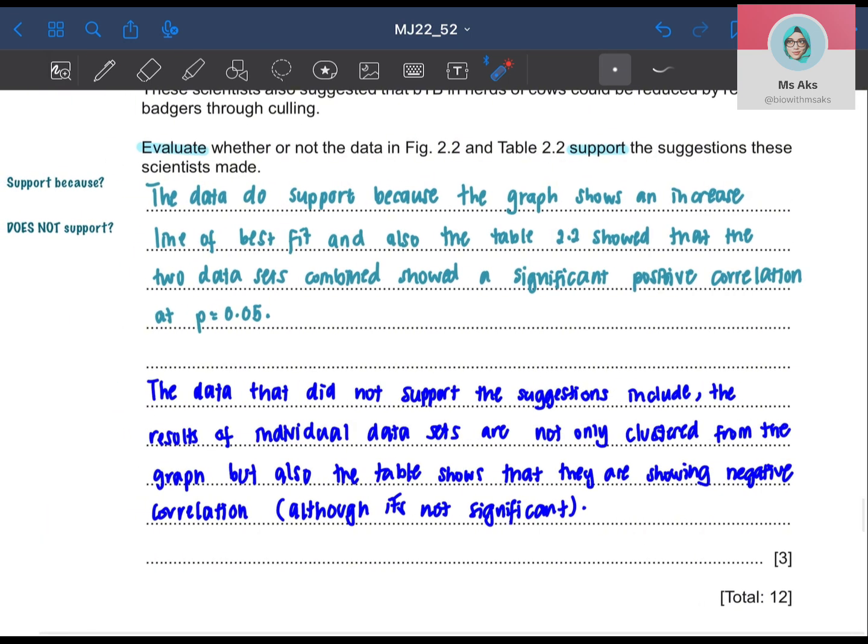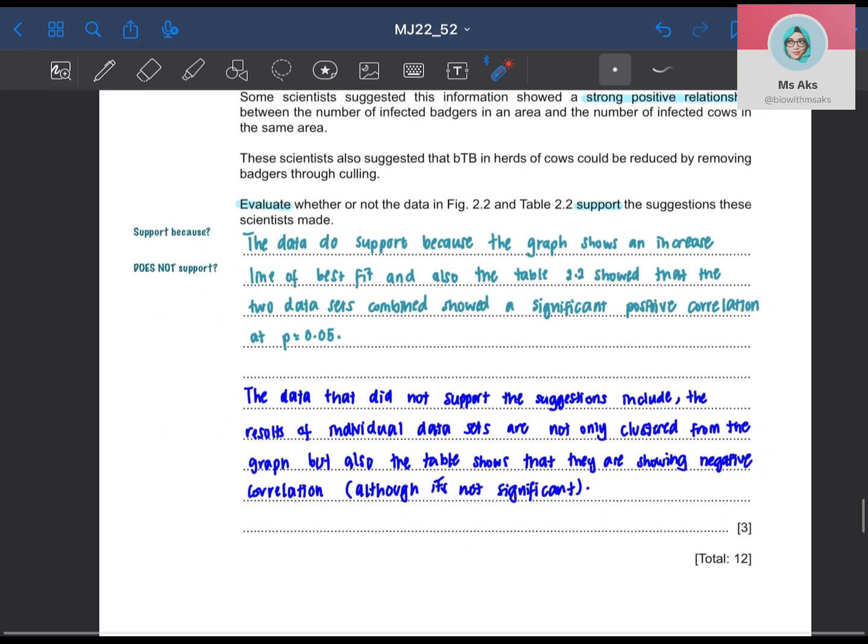So, explain whether or not the data support the suggestion. We've mentioned the bits where it does support, and we've also mentioned the bits that do not support as well.